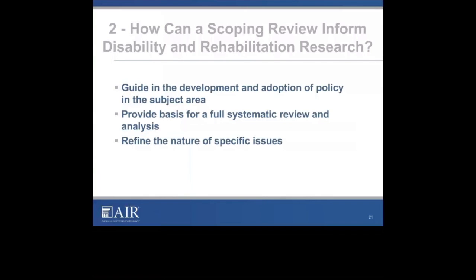And it can provide a basis for a full systematic review, particularly if it's a subject area for which there hasn't been a summary function of literature evaluations that would lead us to a better understanding of topics and issues. And lastly, it helps us refine the nature of specific issues.